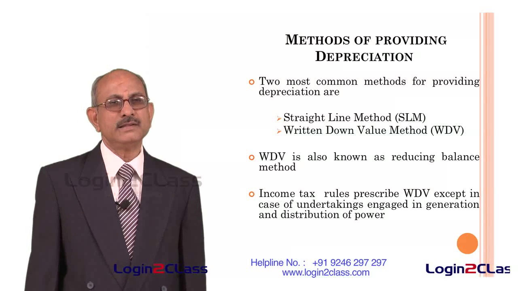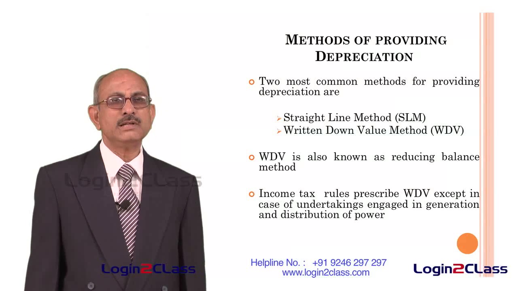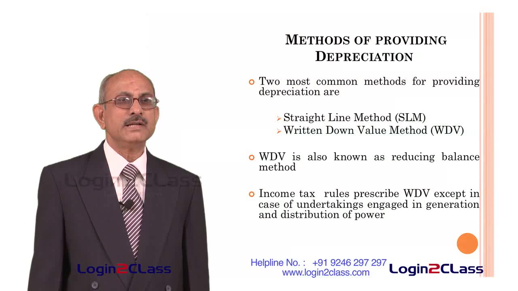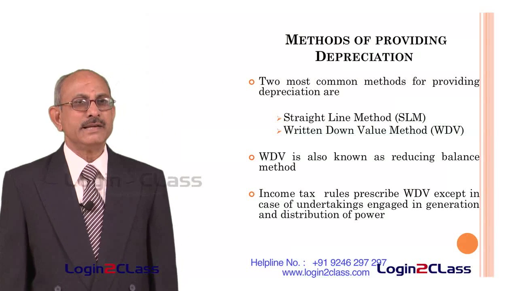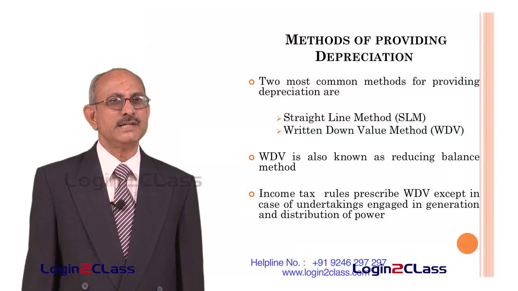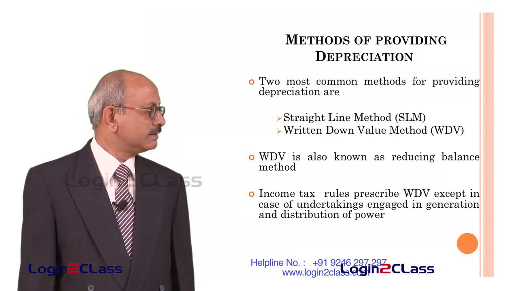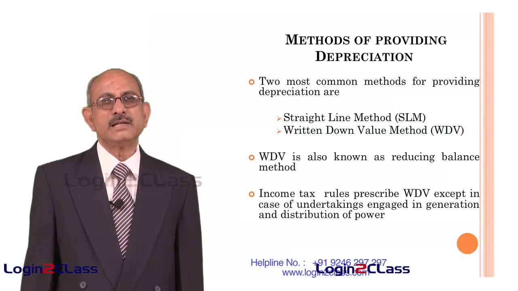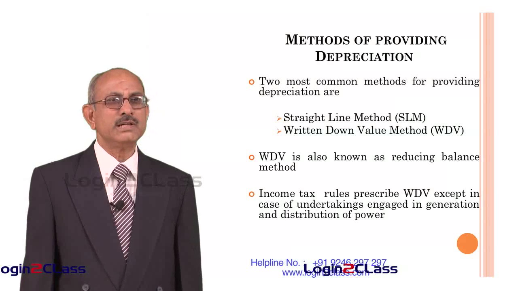In all other cases, they are required to follow the WDV method. But the Companies Act does not prescribe any such rules. That means each entity is free to follow whatever method best suits the entity. And since the income tax rules prescribe the WDV method, by and large most of the entities follow the WDV method.